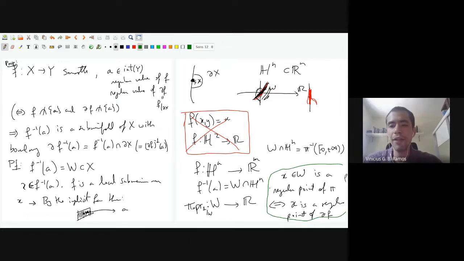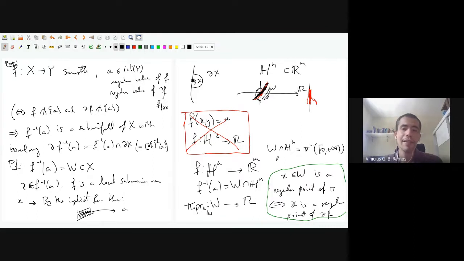So basically, if you are trying to look at this projection and see that this X is a regular point, and that all X are regular points, then 0 is a regular value. That's the same thing as saying that X is a regular point of the boundary of f. And this is a simple calculation, because if you're not a regular point of pi, that means that the derivative of pi is 0, because it's a real-valued function.